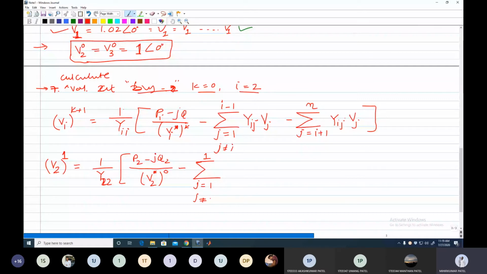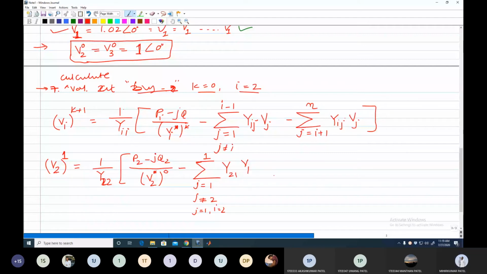So for this case, J is equal to 1 and I is equal to 2. Substitute these values into the summation, with I equal to 2, J equal to 1, and V1.